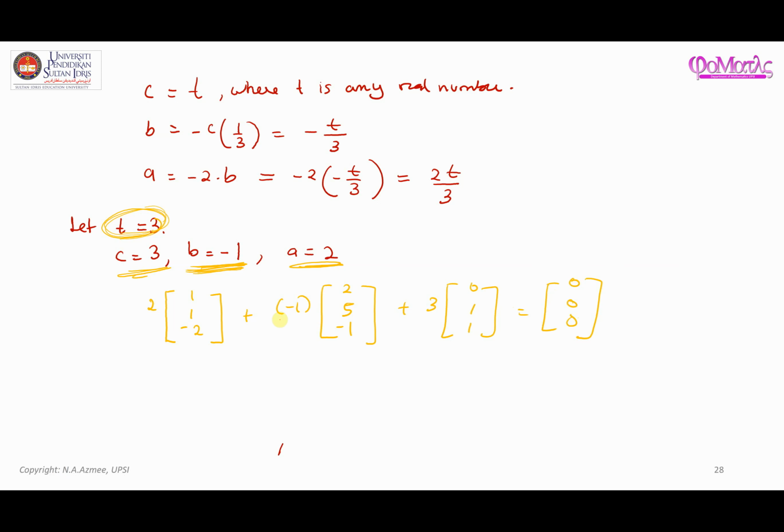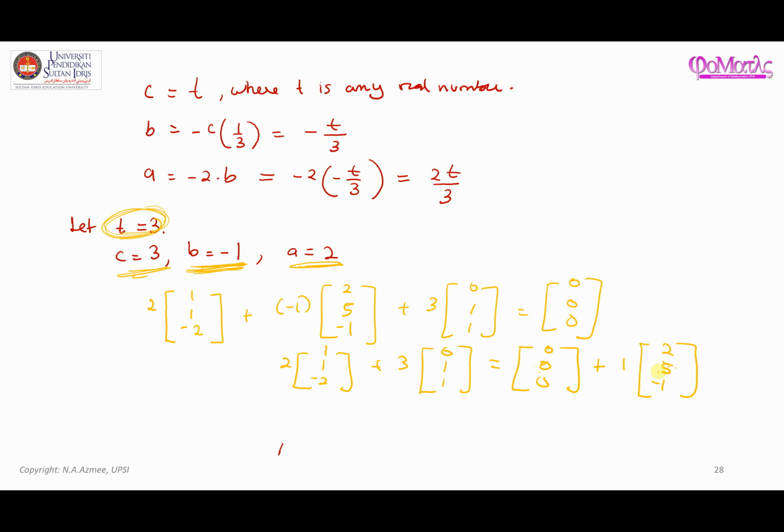So notice here, this is negative 1. Therefore, we can move this to the other side. So it becomes 2 1 1 negative 2 plus 3 0 1 1, which is 0 0 0 plus 1 times 2 5 negative 1. And when you add a 0 vector to another vector, you get that vector.